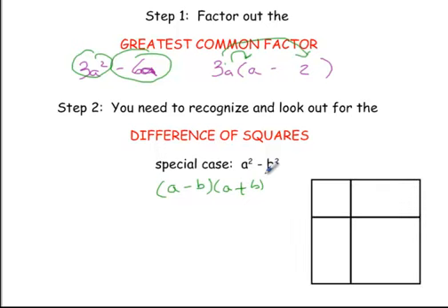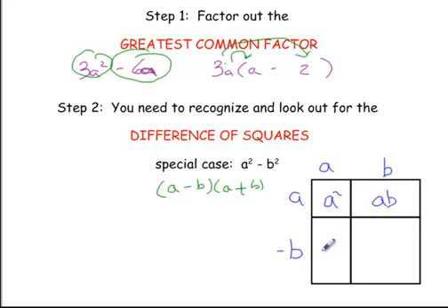So I've drawn a multiplication box over here, and on the top I'm going to put an a and a b to represent the a plus b, and on the side an a and a negative b to represent the a minus b, and it doesn't matter which one I put on top and which one I put on the bottom. So multiply a times a in this box and we get a squared, multiply a times b in this box and we get ab.